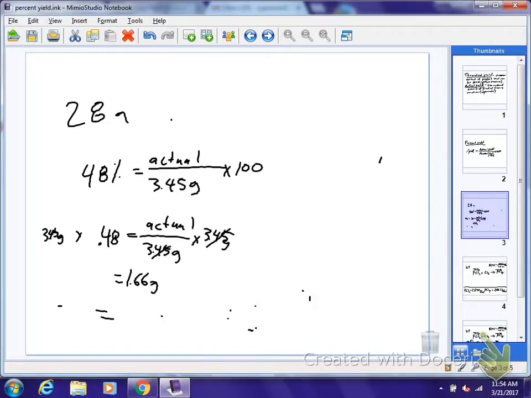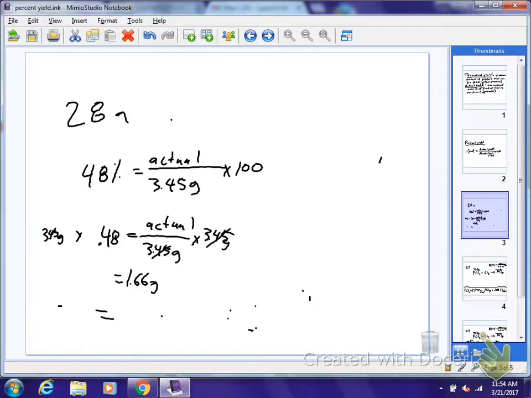Questions on that? Here's the setup. We're solving for actual yield. We're taking the 3.45 and canceling it out on the equation side, multiplying it by the 0.48, and that gives us our number of grams, 1.66 grams.